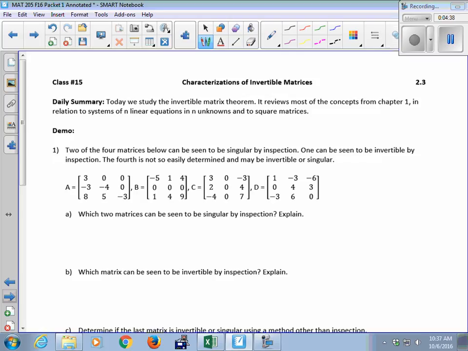If you don't get the identity, they're all no. Well, if it's a square matrix and you have a pivot in every column, then you have to have a pivot in every row.